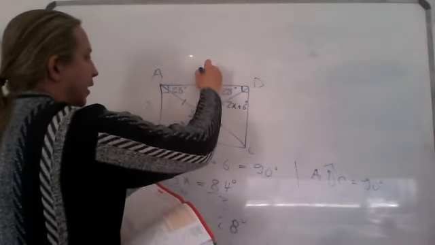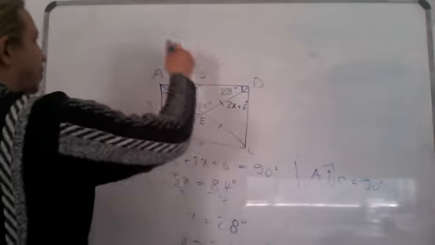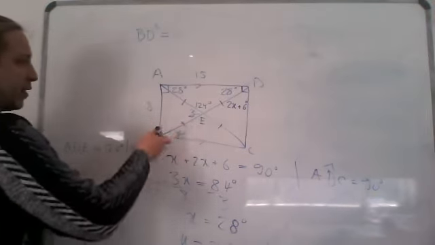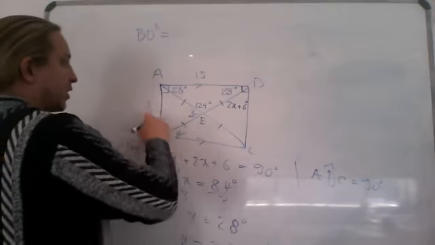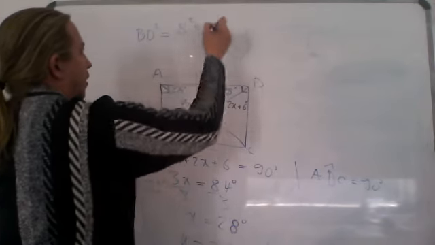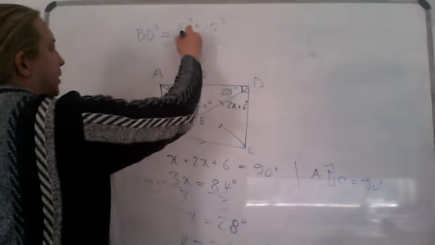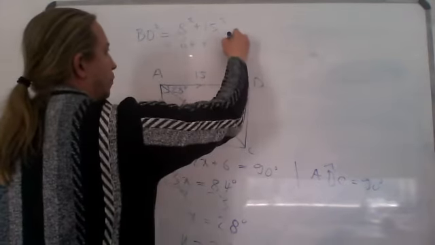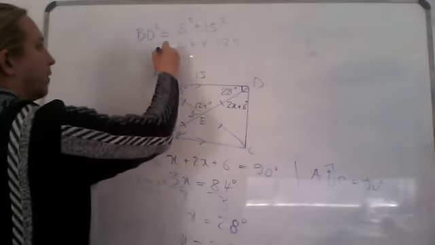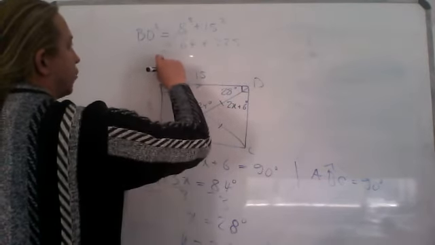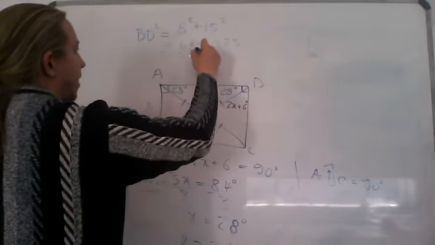BD squared, the hypotenuse squared, equals 8 squared plus 15 squared, which equals 64 plus 225, which equals 289.